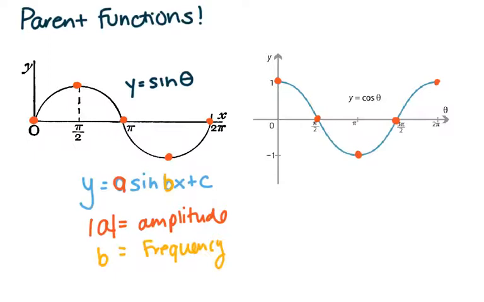Our period we get from our b value and is equal to 2 pi divided by our b value. So that's going to give us how long it takes to complete one full curve. And the last part of this is going to be our c value, which is going to give us our midline and our vertical shift.